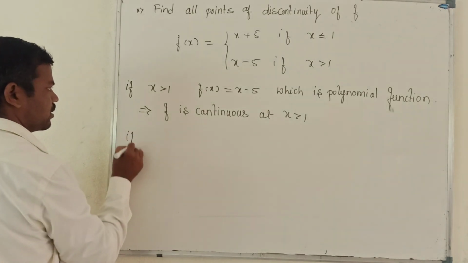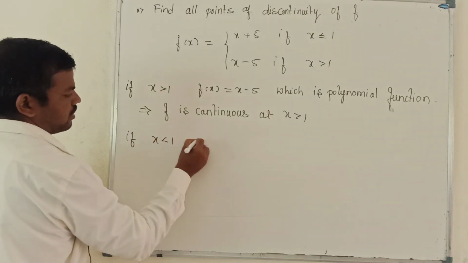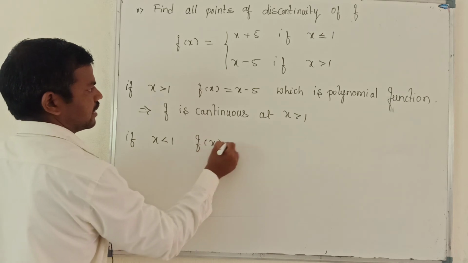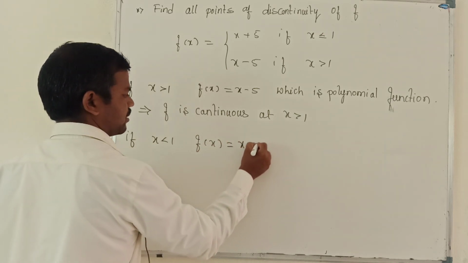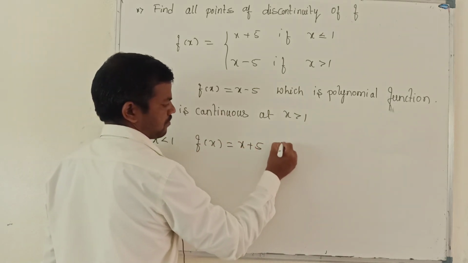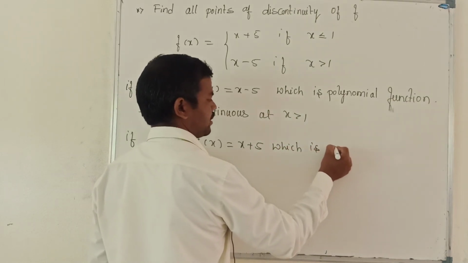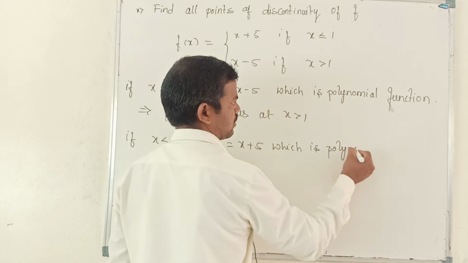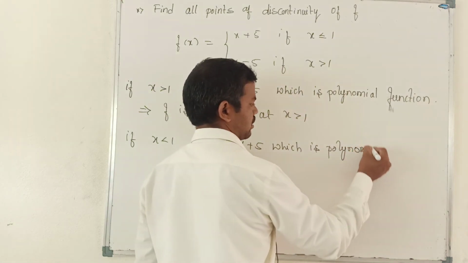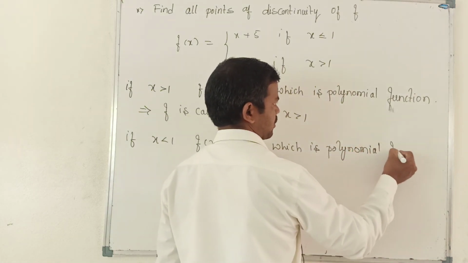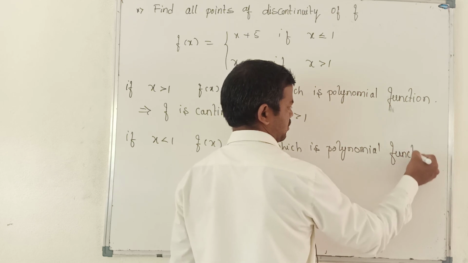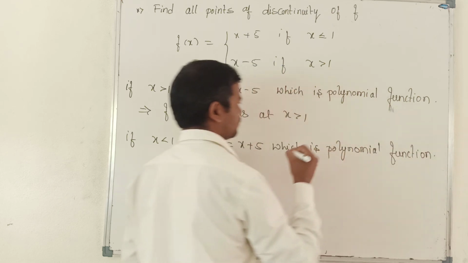If x is less than 1, f of x is x plus 5, which is again a polynomial function. A linear function can be written as a polynomial function.